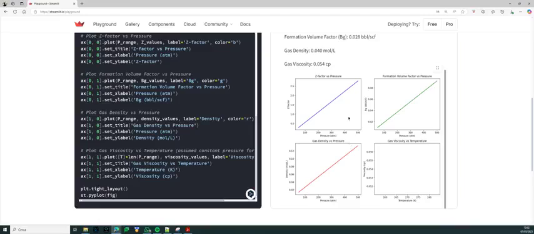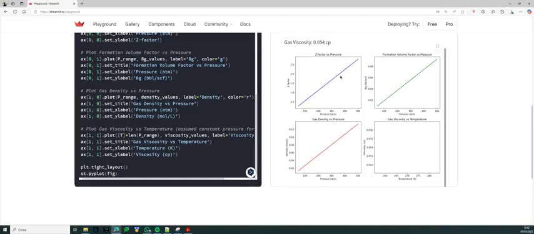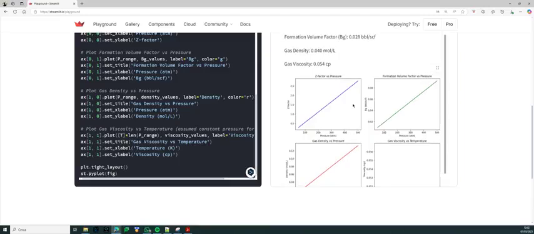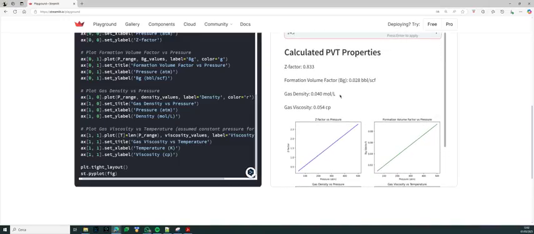The zeta factor with pressure: in this case we have an increase of pressure, so it is a pressurized reservoir. We have a pressurized reservoir, but it is not condensate because the gas density is too low.